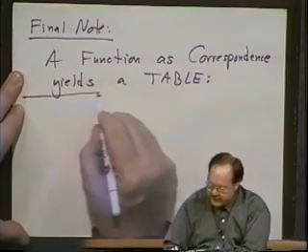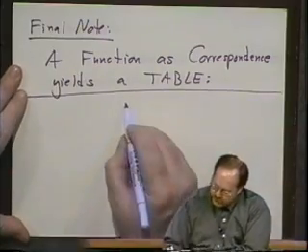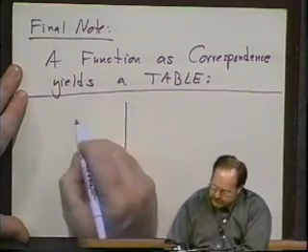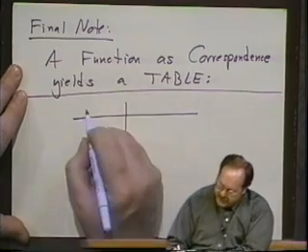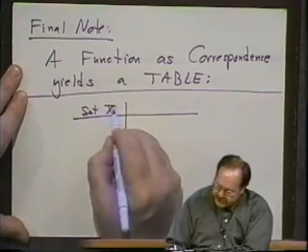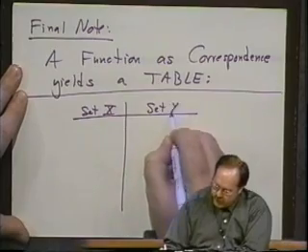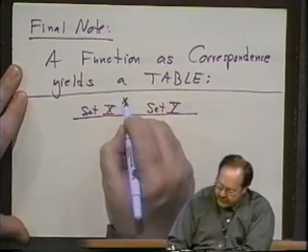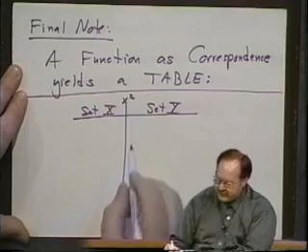Now you must have seen tables before. We'll set up this table as follows. Here on the left will be set big X. Here on the right will be set big Y. And what will be the line in between? That will represent the function.